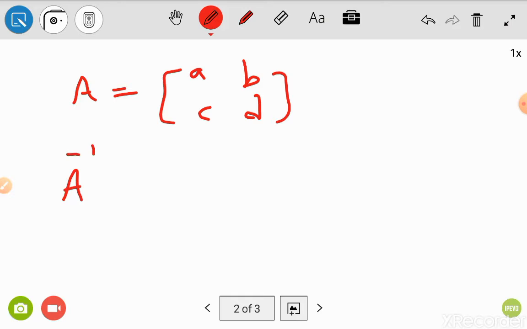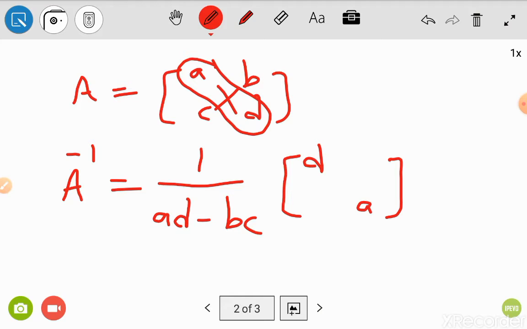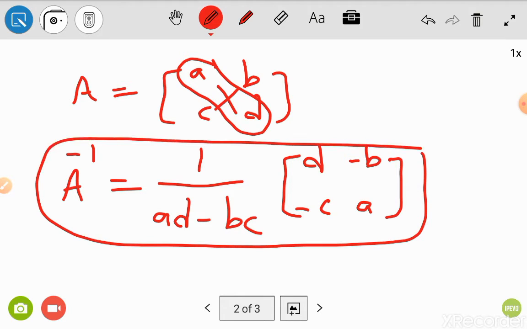A inverse, the rule, equals 1 over AD minus BC, cross multiplication, and the original matrix will be DA: you will replace D instead of A and A instead of D, and here you will change the sign: negative B, and C will be negative C. This is the rule to get the multiplicative inverse to any matrix 2 by 2.